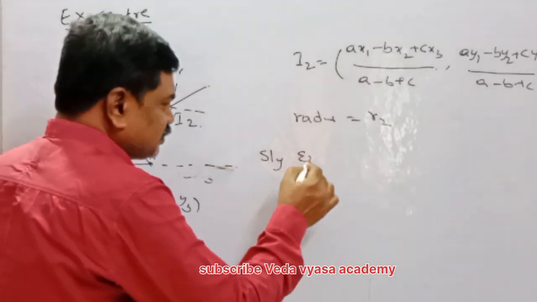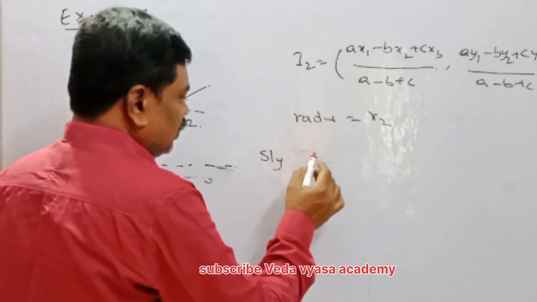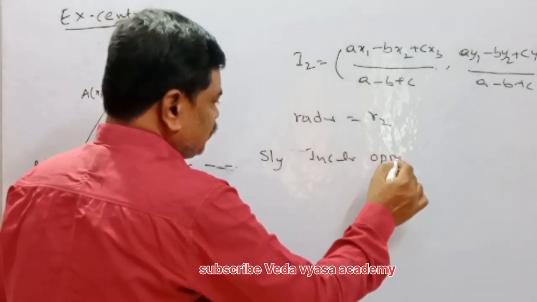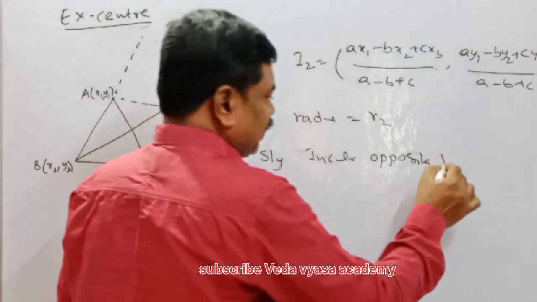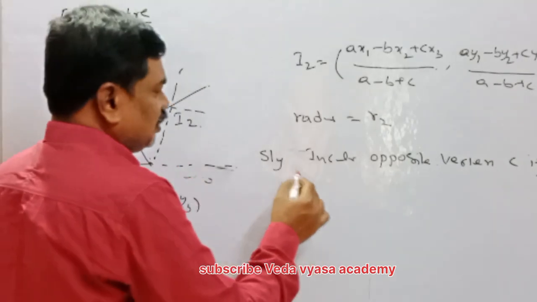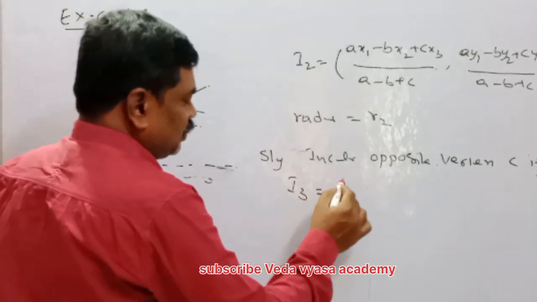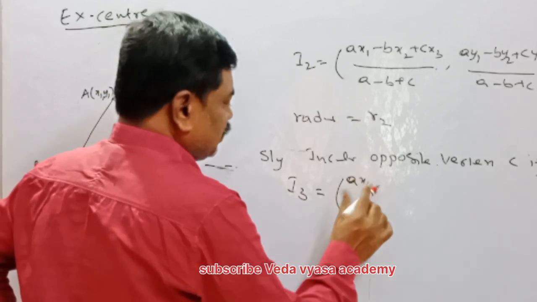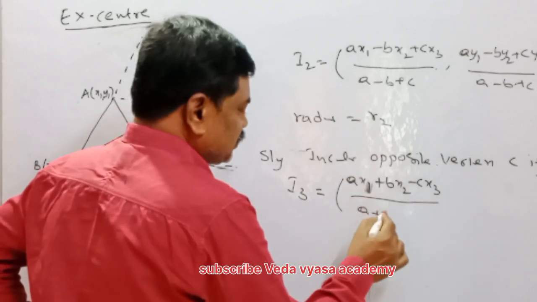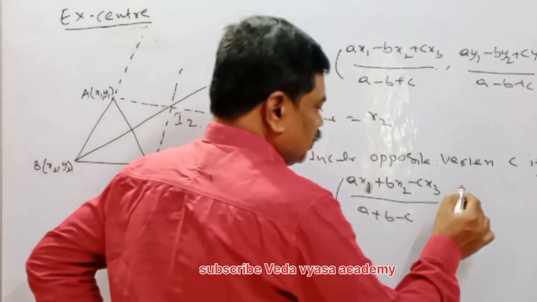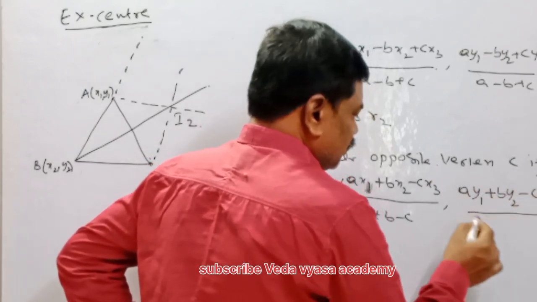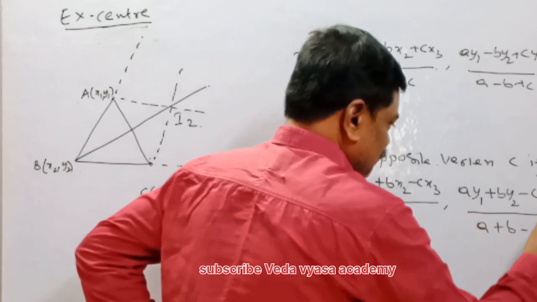Similarly, the excenter opposite to vertex C is I3. The coordinates of I3 are (ax1 plus bx2 minus cx3) by (a plus b minus c), comma, (ay1 plus by2 minus cy3) by (a plus b minus c).